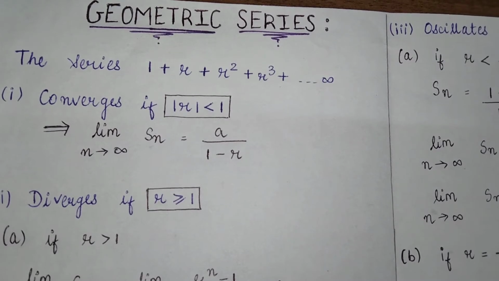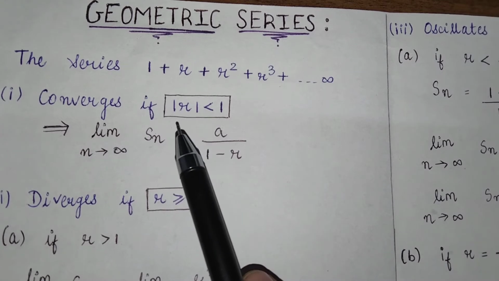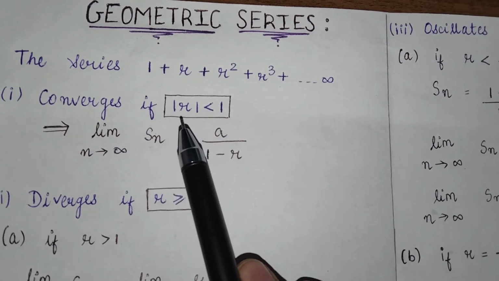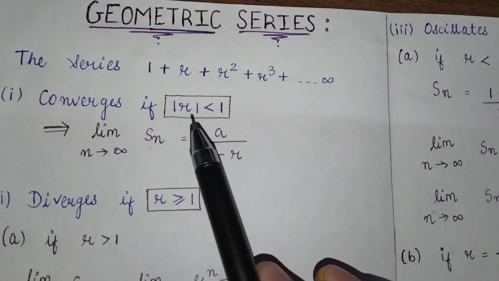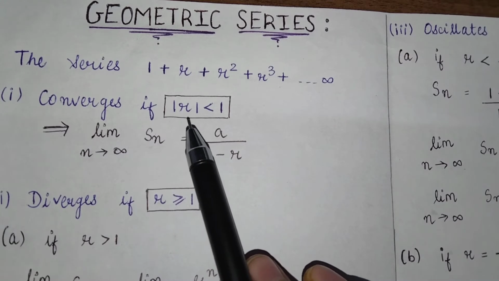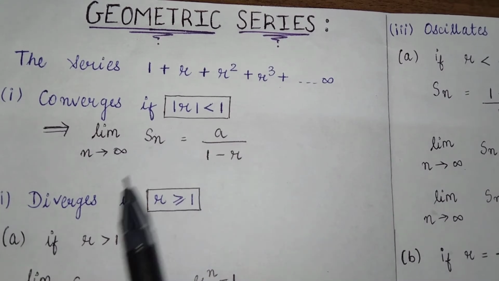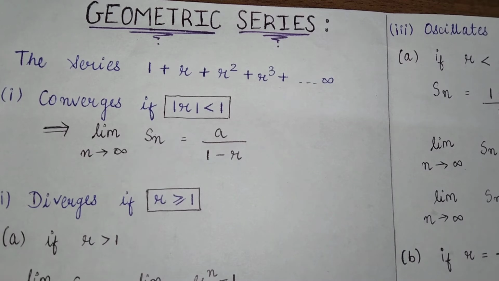The series 1 plus r plus r square plus r cube, such types of series are called geometric series. You already know the meaning of geometric series, but we should know when it converges and when it diverges. Whenever you find r, whether r is negative or positive, if mod r is less than 1, then that series will be convergent.